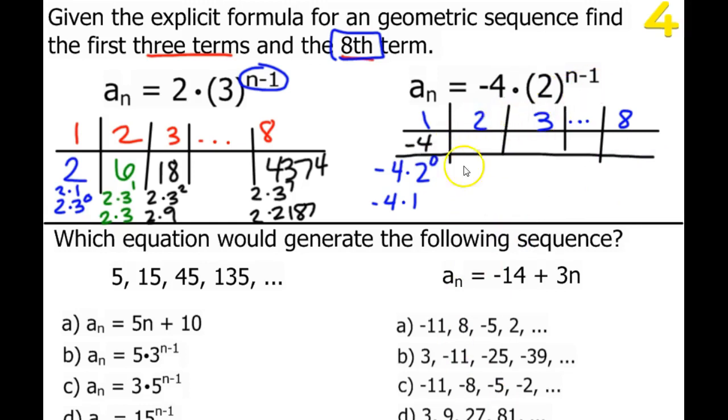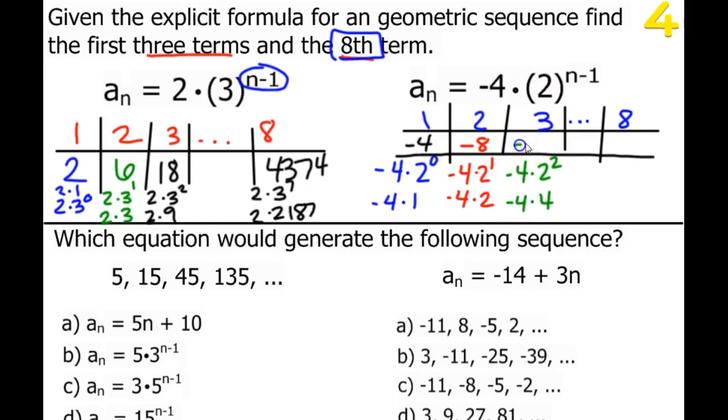Then if I plug in a 2, negative 4 times 2 to the power of 2 minus 1, which is 1. Well, that's just negative 4 times 2, which is negative 8. Then our next term, negative 4 times 2 to the power of 3 minus 1 is 2. Well, 2 squared, 2 times 2 is 4.